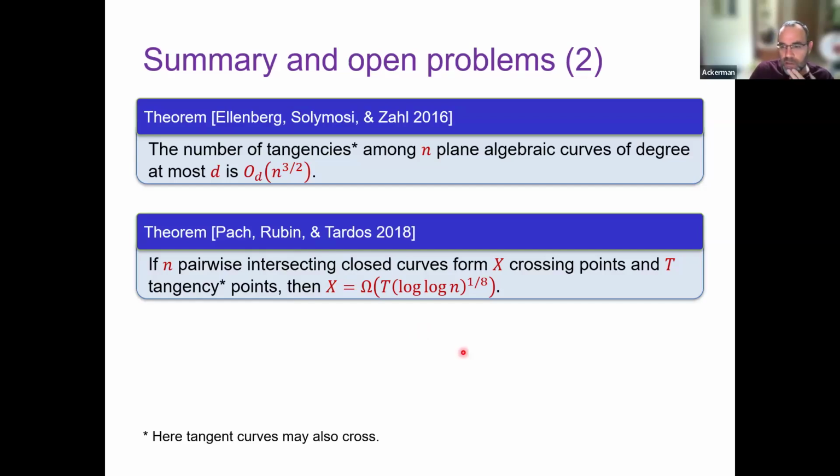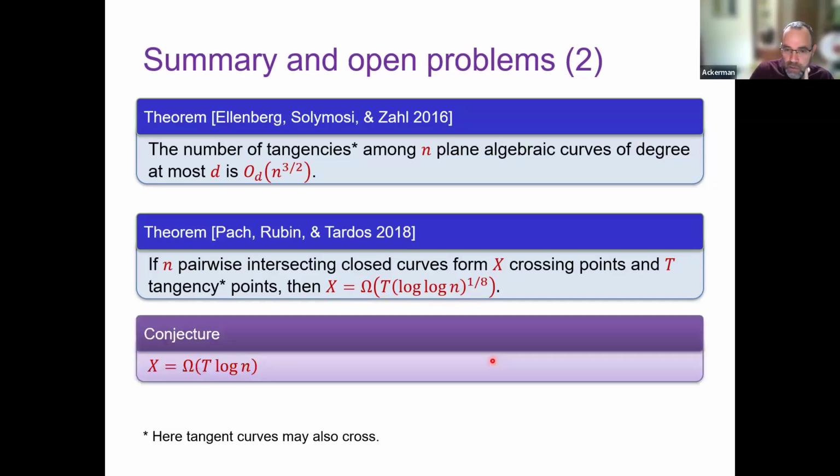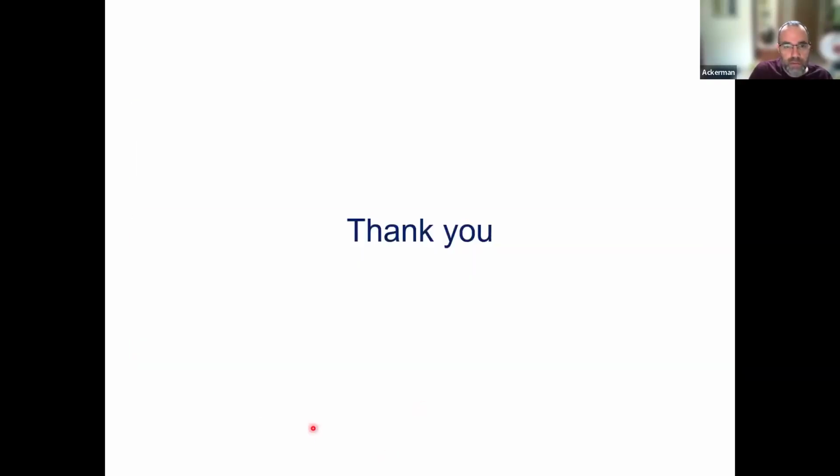The conjecture was that there are many more crossings than tangencies. And indeed, they proved that the number of crossings is at least t, the number of tangencies, times log n to the power of 1/8. The conjecture is that it is at least t times log n. Okay, I think that's it. Thank you for your attention.